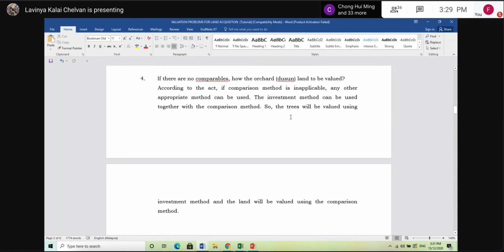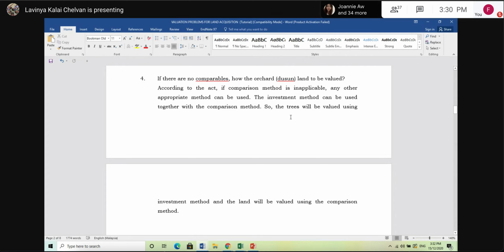Is it not double counting? No, because the land you'll be basically valuing like vacant land, so it's not double counting. You're going to value the land as a bare asset value? Yeah. Okay, then you add up the value of each individual tree.